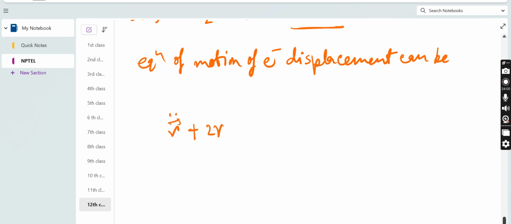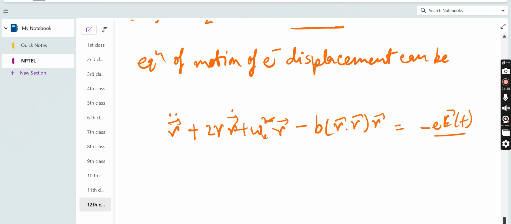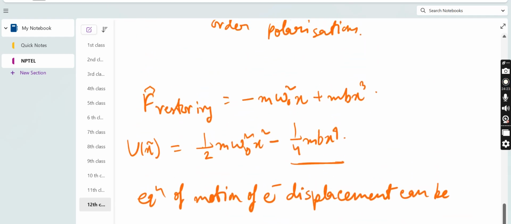So r double dot plus 2 gamma r dot plus omega square r minus b r cube is equal to minus e E(t) by m.